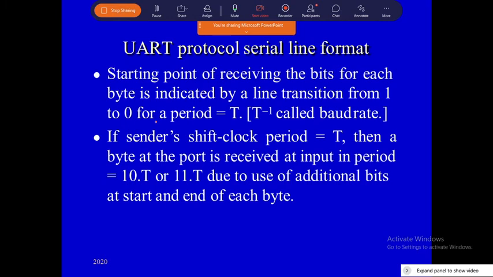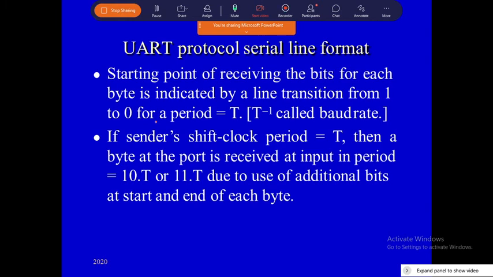If the sender's shift clock period is equal to T, then a byte at the port is received at an input in a period equal to 10T or 11T. Why is it 10T or 11T? Because the UART protocol uses a 10-bit or 11-bit data transmission format.